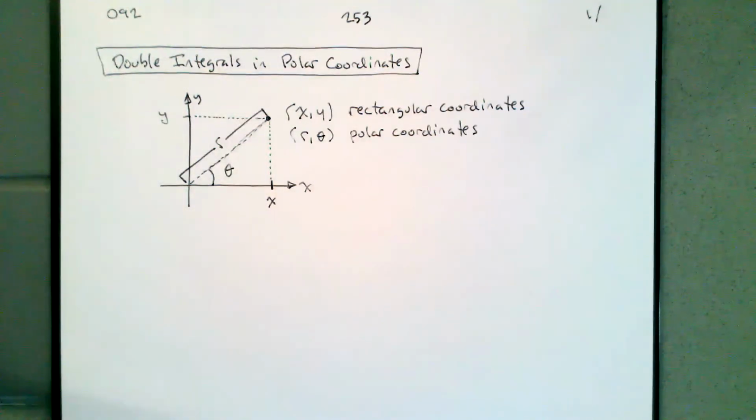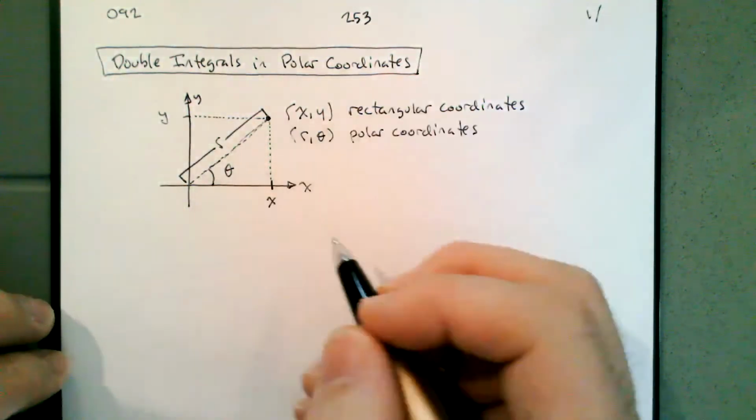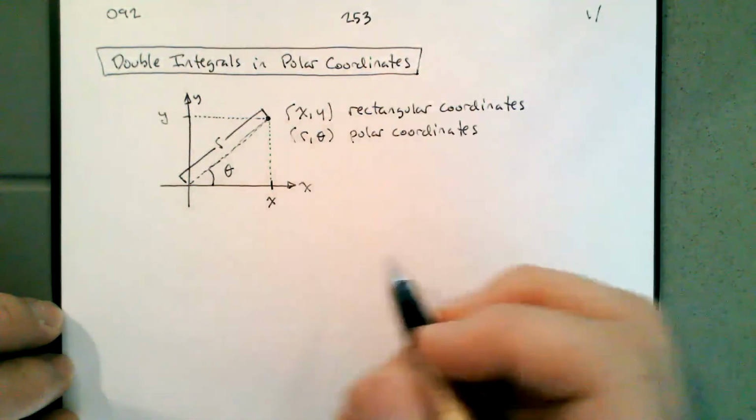We can translate between the two. If we have rectangular coordinates, we can calculate polar coordinates. And if we have polar coordinates, we can calculate rectangular coordinates. Notice that we're just looking at a right triangle.